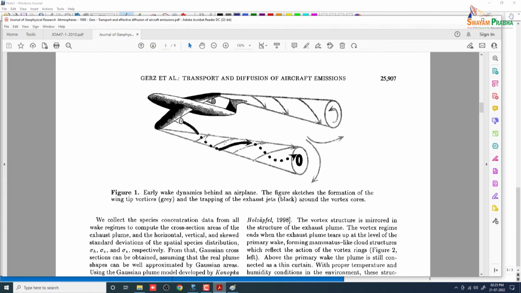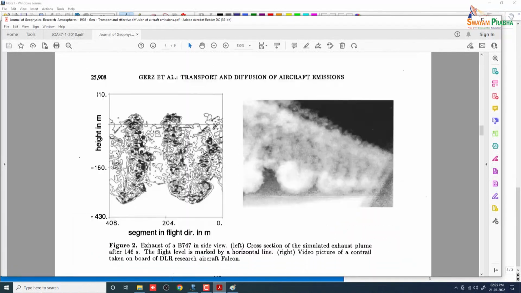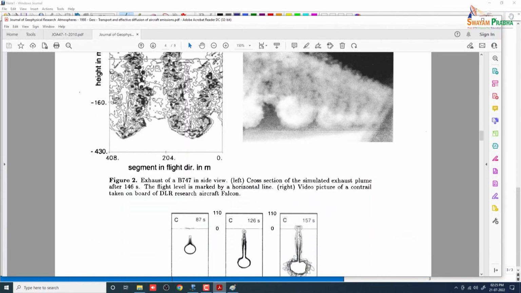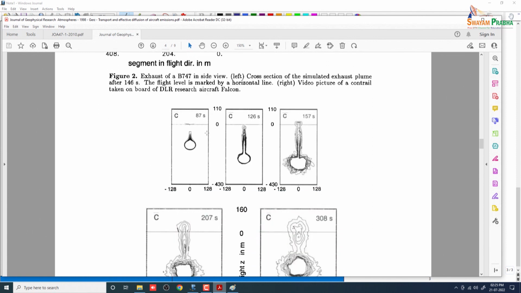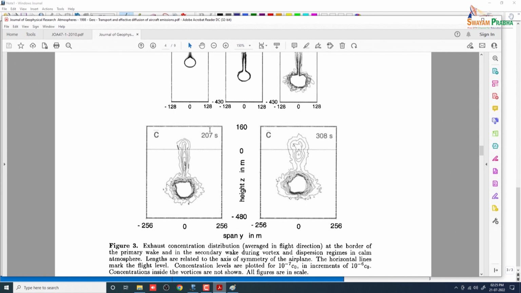That gives you a picture of what's actually going on in the contrails, right when it is attached, near the aircraft body. So this is something to look at.